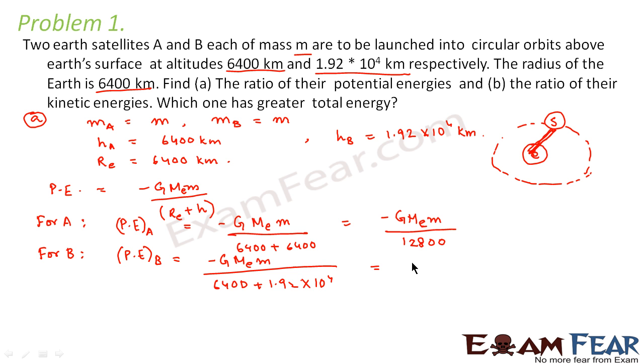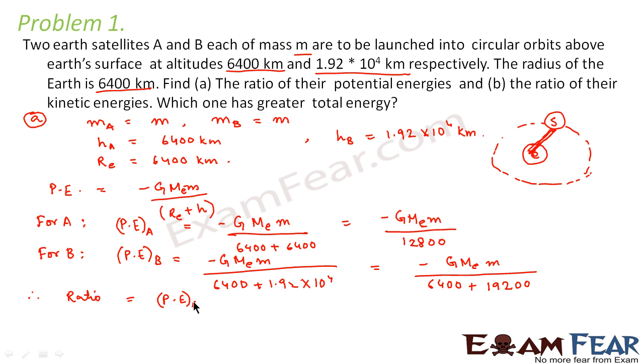So this comes out to be minus G ME into m divided by 6400 plus 19200.